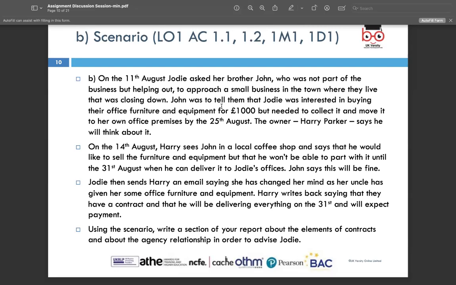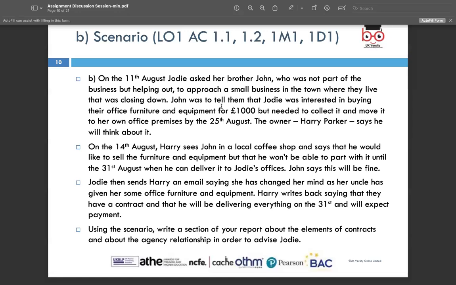Then on the 14th of August, Harry sees John in a local coffee shop and says that he would like to sell the furniture and equipment, but that he won't be able to part with it until the 31st of August, when he can deliver it to Jodie's office. So John says this will be fine.